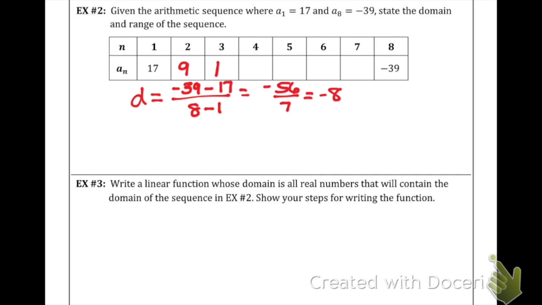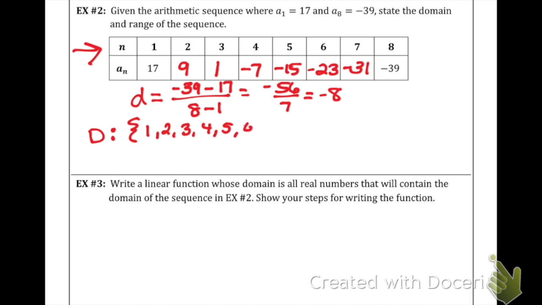So from 17 minus 8, that puts us at 9. Minus 8 is 1. Minus 8, -7. -15. -23. -31. So my domain is all of my n values that I used in this sequence: 1, 2, 3, 4, 5, 6, 7, up to 8, the set of those numbers.